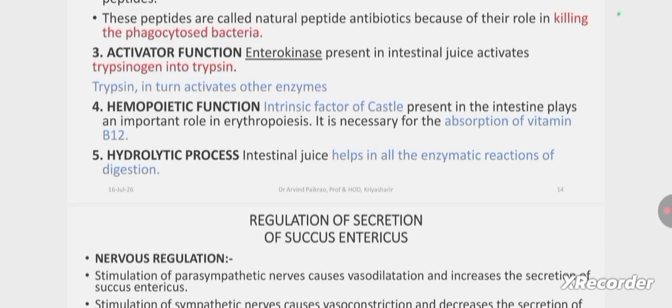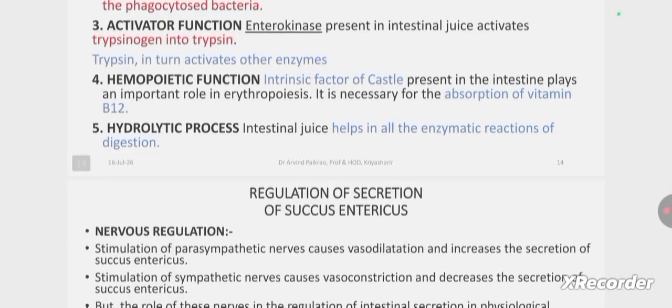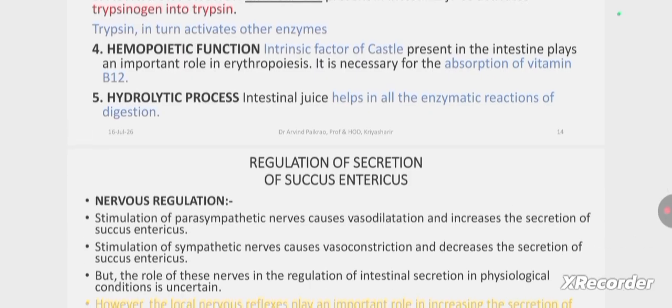Vitamin B12 is needed for the maturation of RBCs, so it has an erythropoiesis function. Next, the hydrolytic function. It is a digestive function, and succus entericus helps in all digestion.